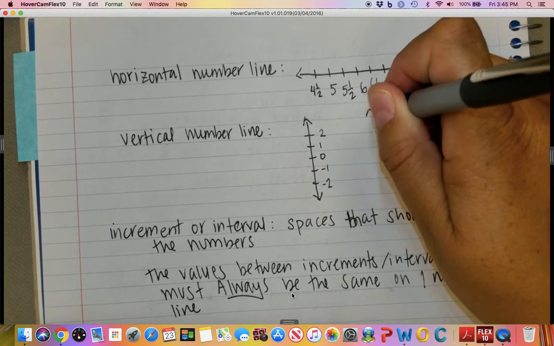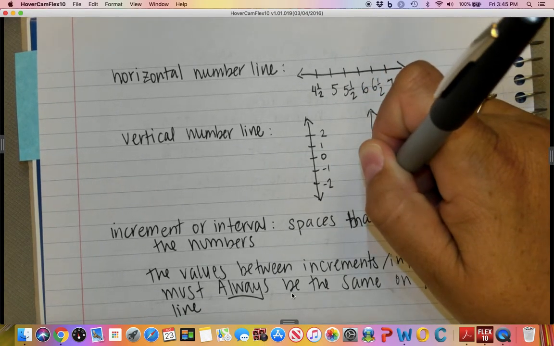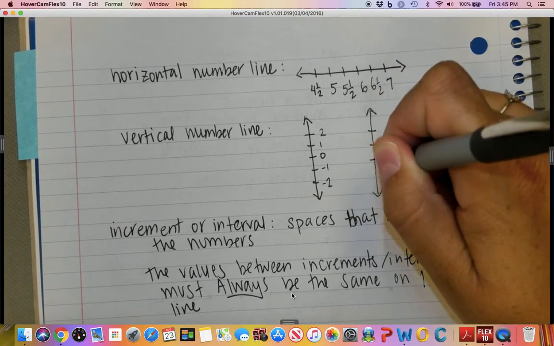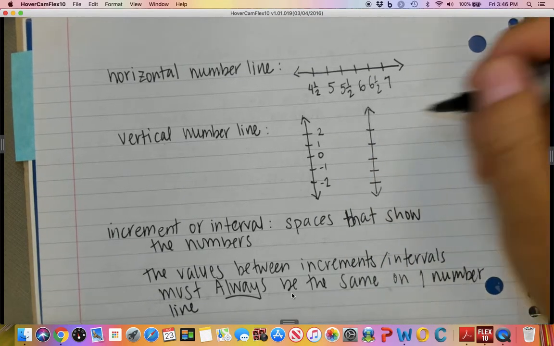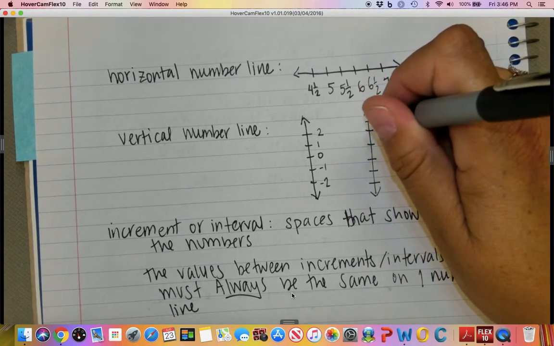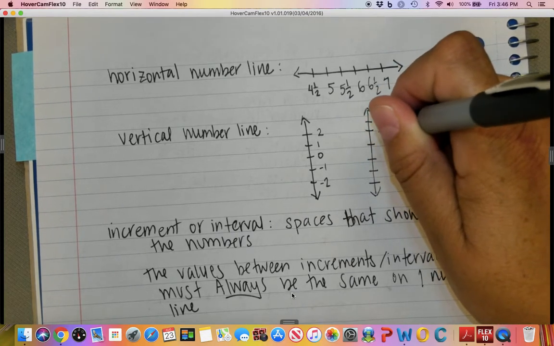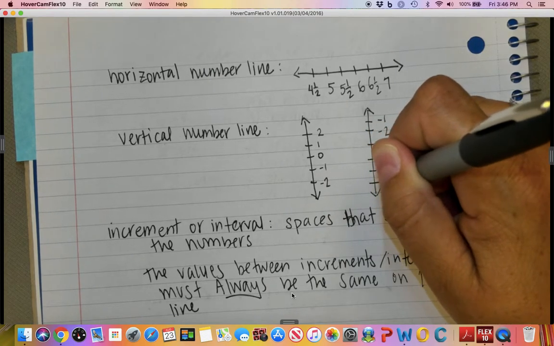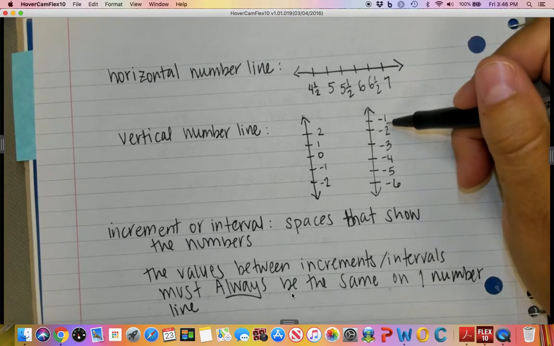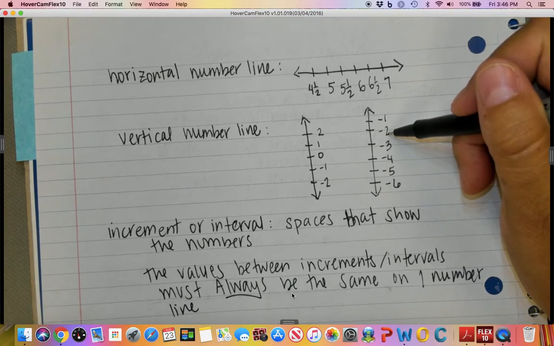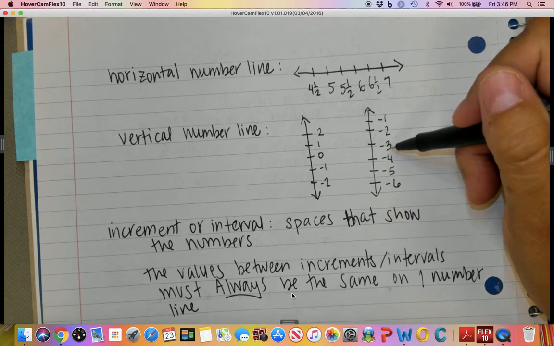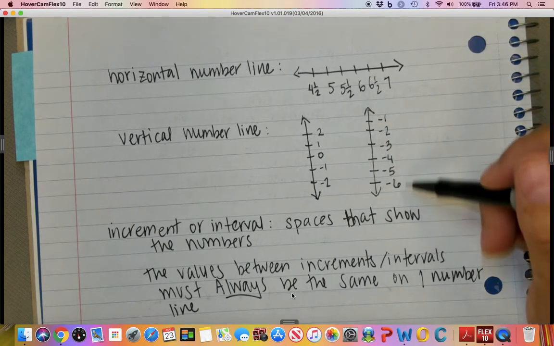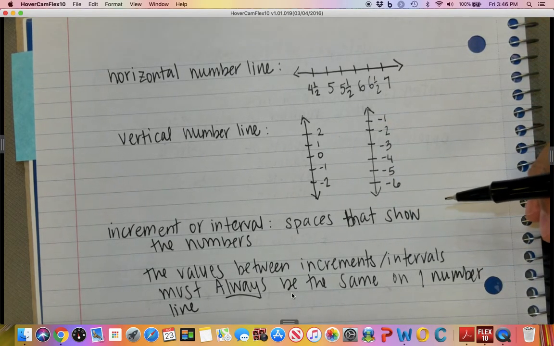If I were to draw a number line that did not have 0 in it, let's say that's not the number I wanted to show off, I still have to remember that larger numbers are closer to the top. So I'm going to say -1, -2, -3, -4, -5, -6. -1 is larger than -2. -2 is larger than -3. -3 is larger than -4. So these numbers are closer to the top and these numbers are closer to the bottom.